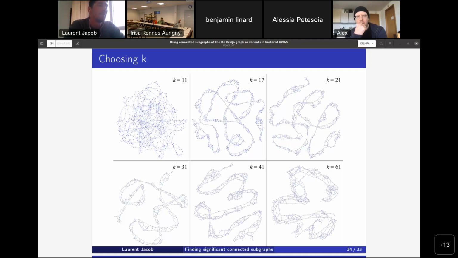But I guess in practice, in lots of species that we look at, this is something people have a sense of and we could use. Also, this is probably good for SNPs, but I don't know if it's the best possible scale for finding genes, for example, mobile genetic elements or plasmids.